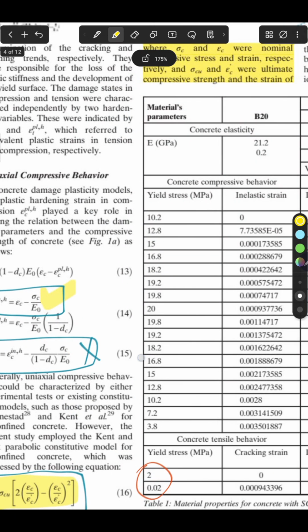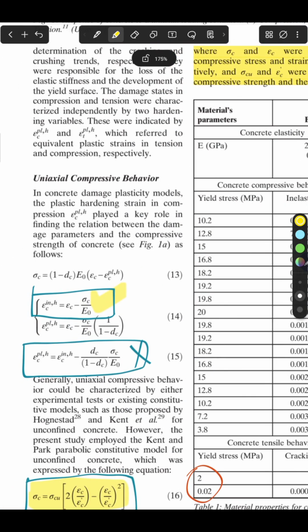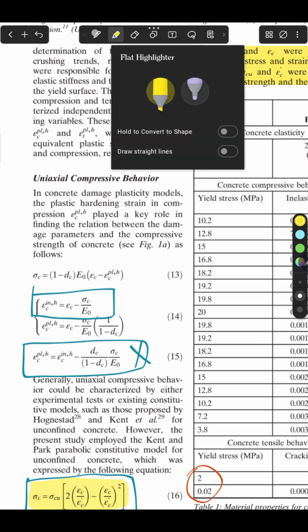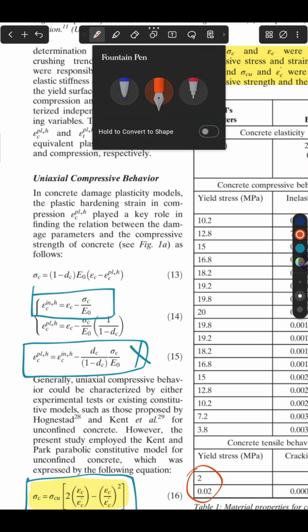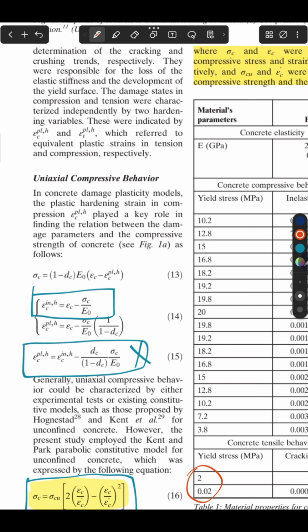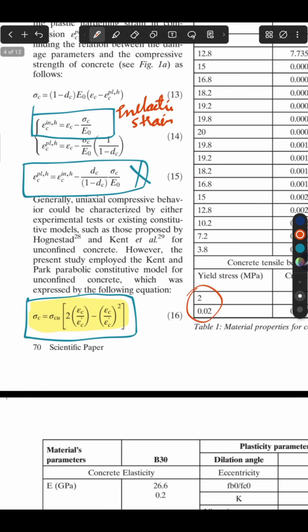Here, the formula for inelastic strength, and this formula is for yield stress.